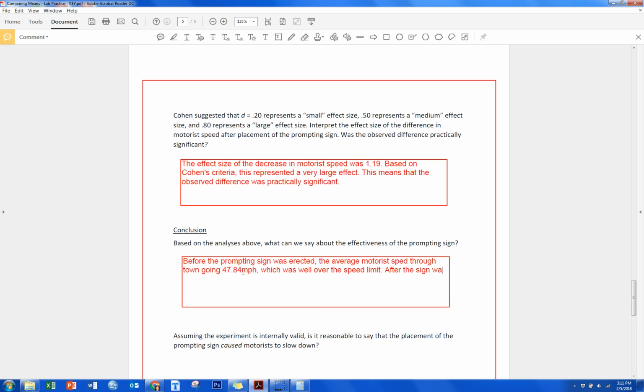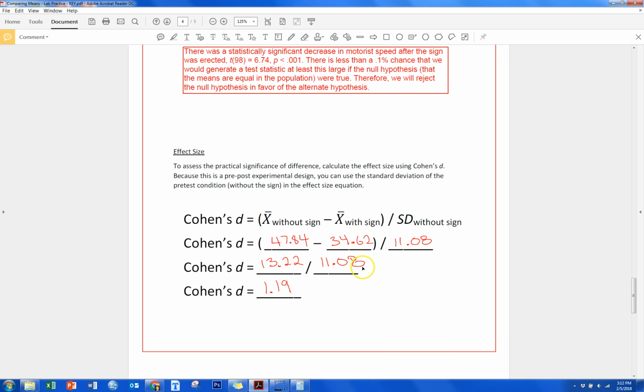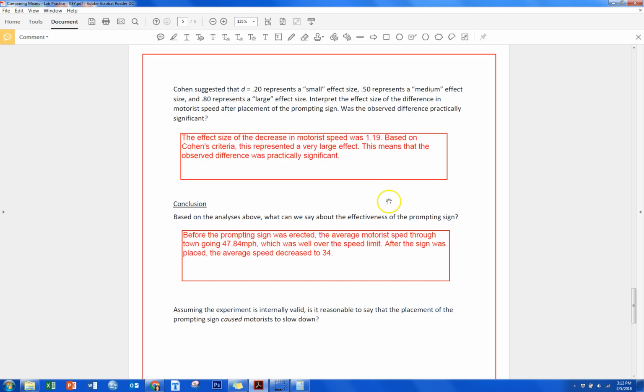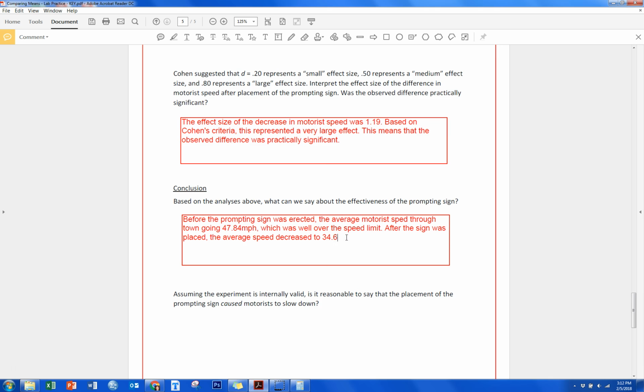After the sign was placed, the average speed decreased to 64.62 miles per hour, which was under the speed limit.